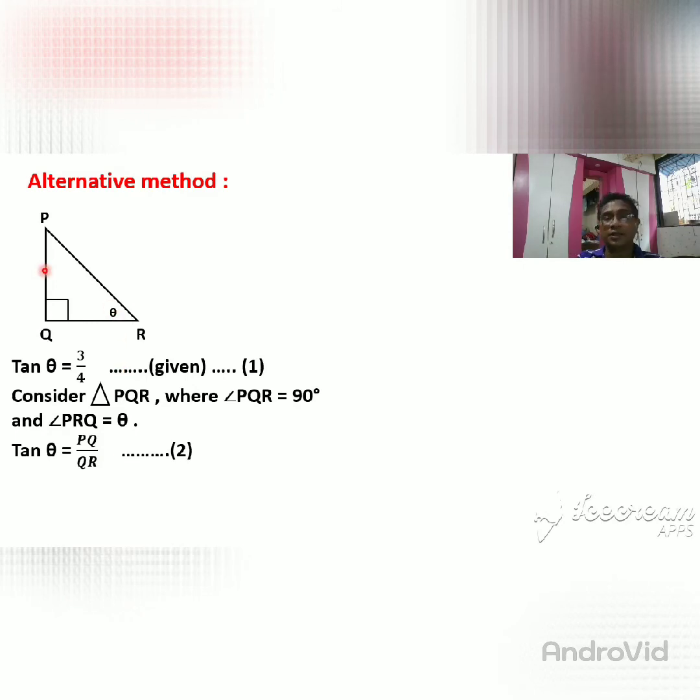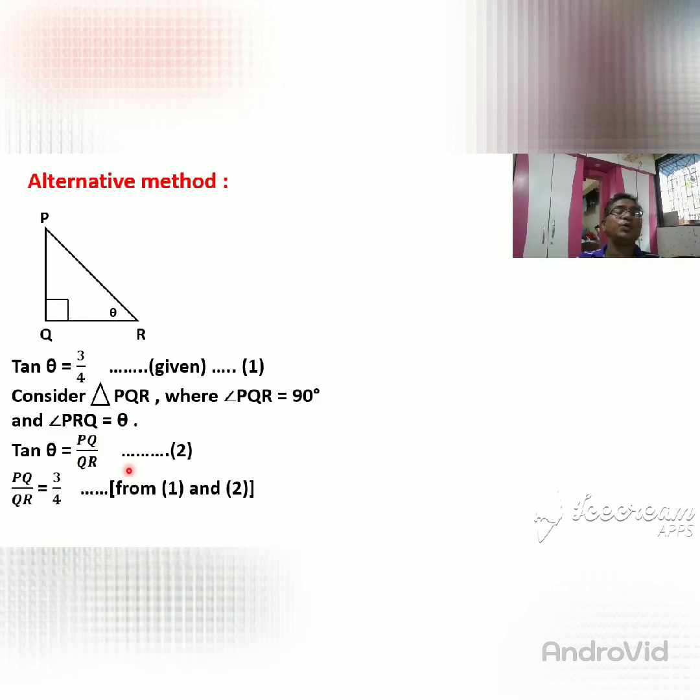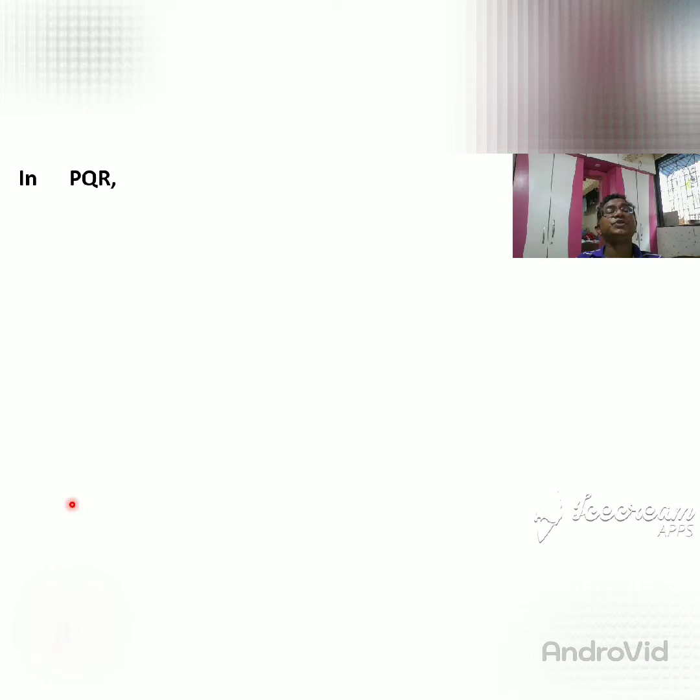Theta's opposite is PQ and theta's adjacent is QR. Any doubts? So tan theta is equal to PQ upon QR. Substituting PQ as 3 and QR as 4, we get 3 upon 4.